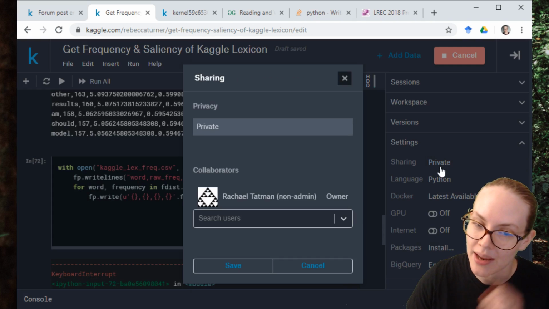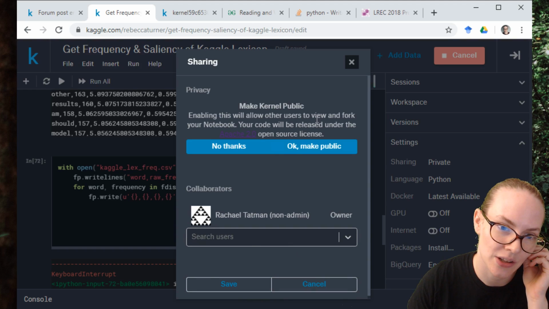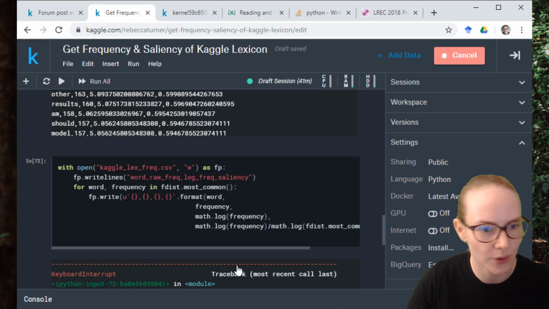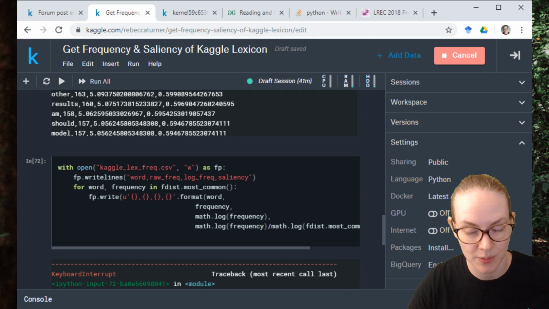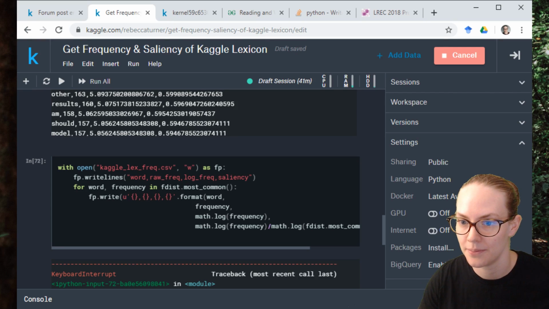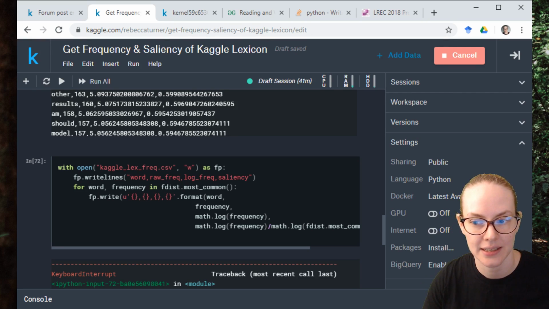So if you guys want to take a look, you are welcome to, and play around with it. And then next week, once we have this file, we can use it to look at word frequency.